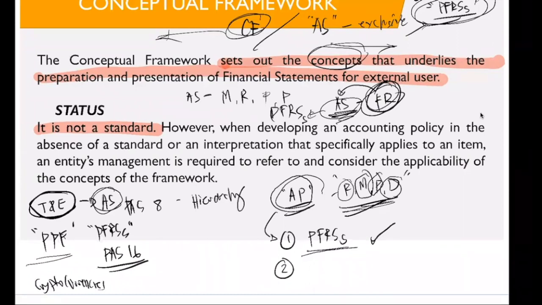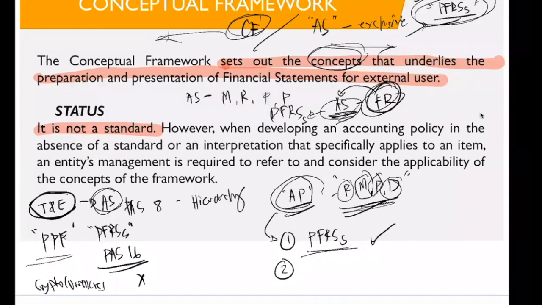So do we have a specific accounting standard that applies to it? So the question now is, is there a specific accounting standard that is to be applied on cryptocurrencies? The answer is there is no specific standard. Okay? There is no specific standard.